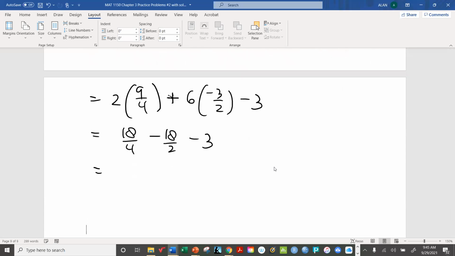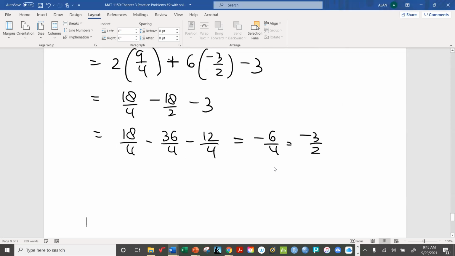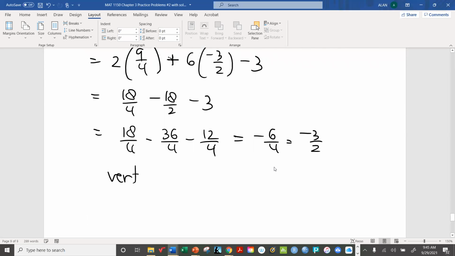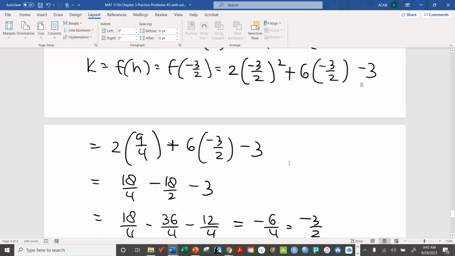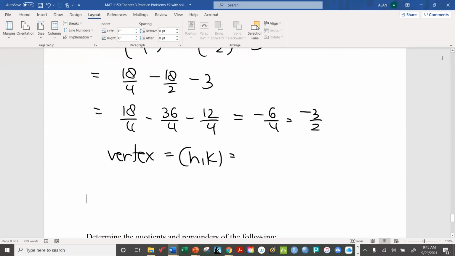Let's find a common denominator. We'll use 4. All right, and when we combine these, you end up with -6 over 4 or -3 halves. So the vertex is -3 halves. Oh, wait a minute. Are they both -3 halves?